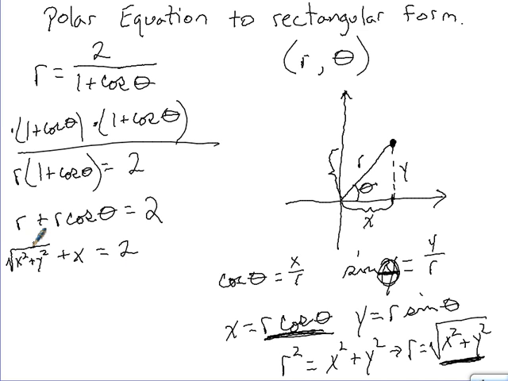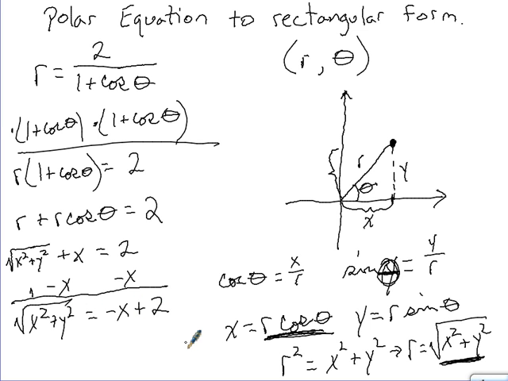If we want to get rid of the square roots in the problem, for example, we could subtract x from both sides. So minus x, we'd have the square root of x squared plus y squared is equal to negative x plus 2. And now to get rid of the square root, we would square both sides.